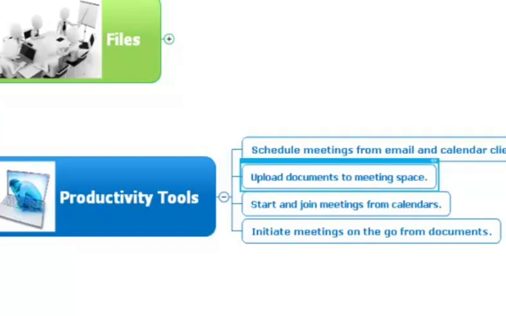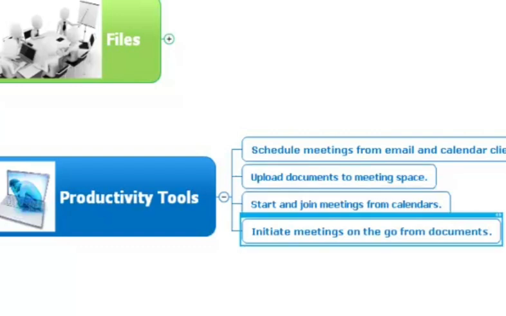Be able to upload documents to a meeting space. Being able to start and join meetings right from your calendar, and being able to initiate meetings right from within a document, as you're creating a Word document, a PowerPoint, or an Excel spreadsheet.